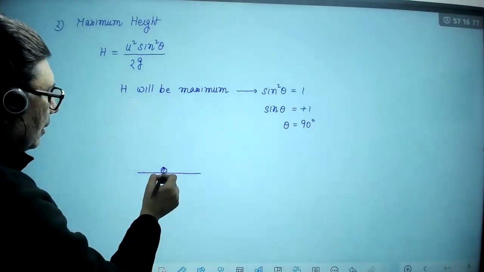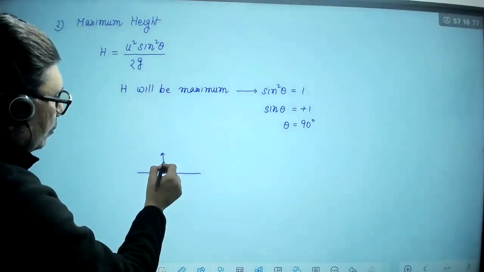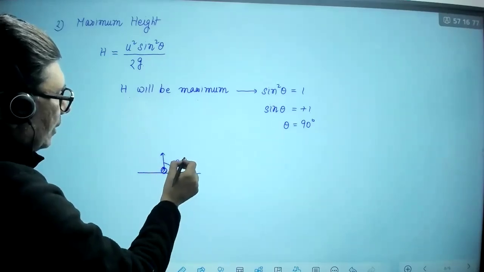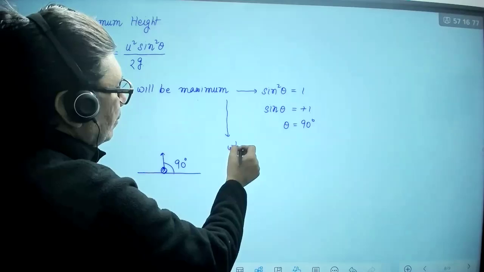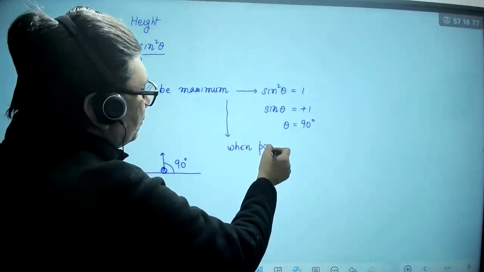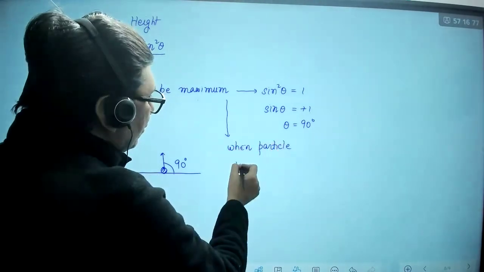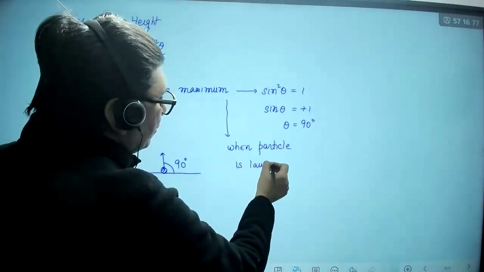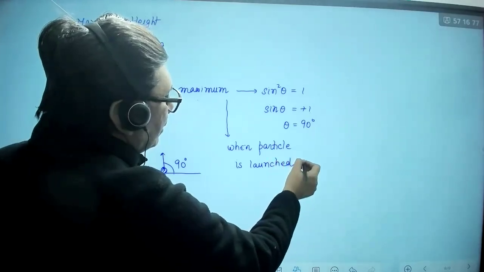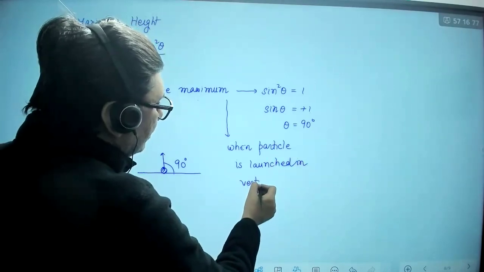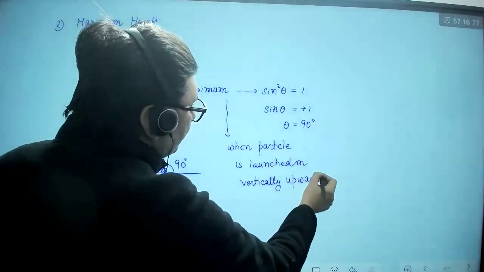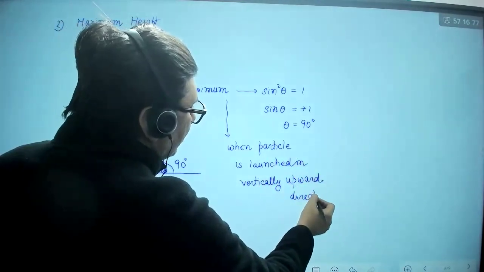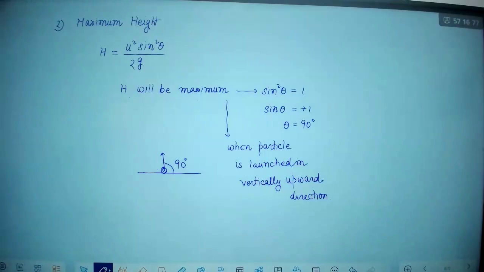When theta is 90, you are launching like this, so the projection angle is 90 degrees. So this is another point.